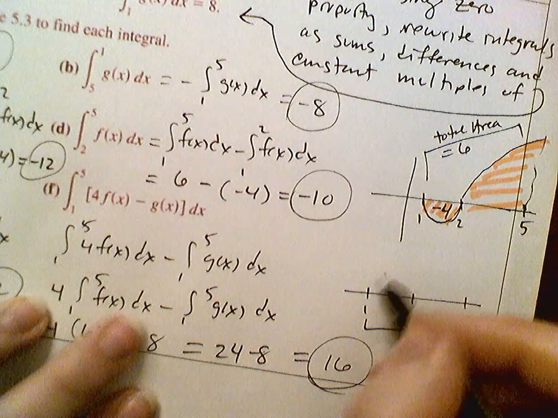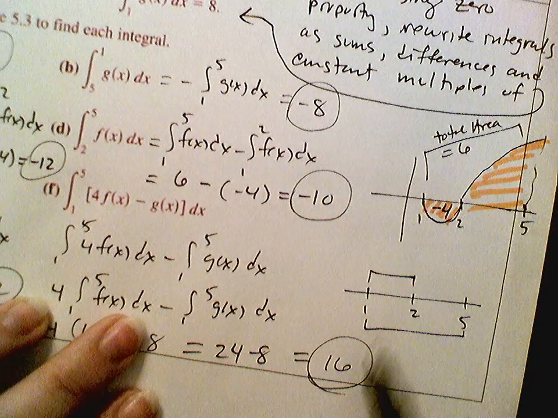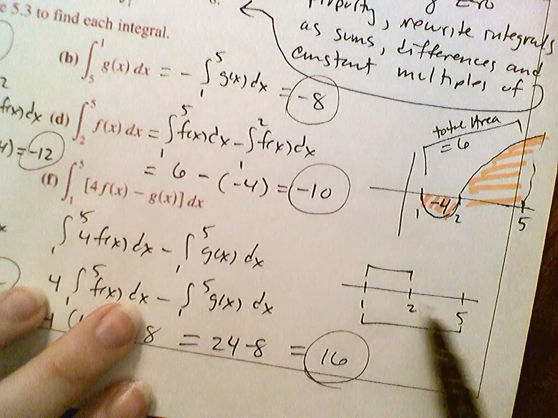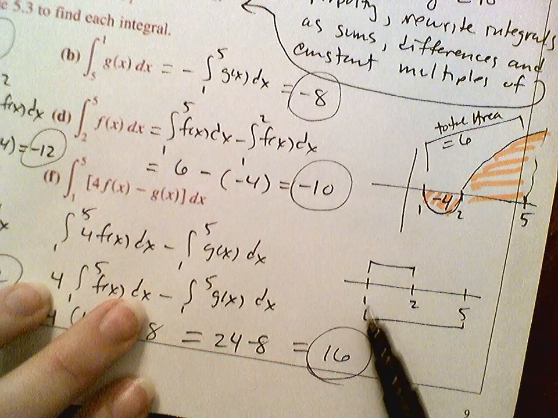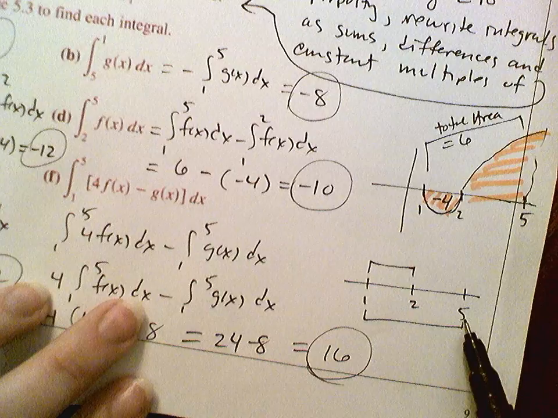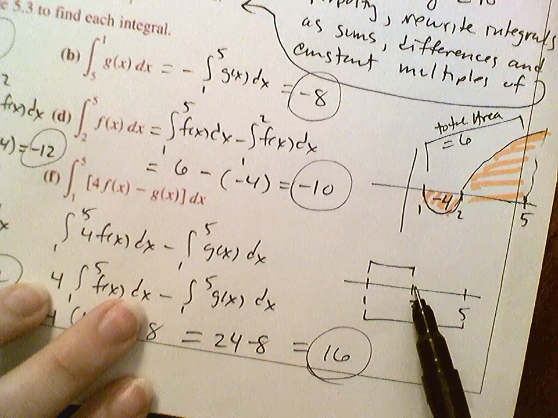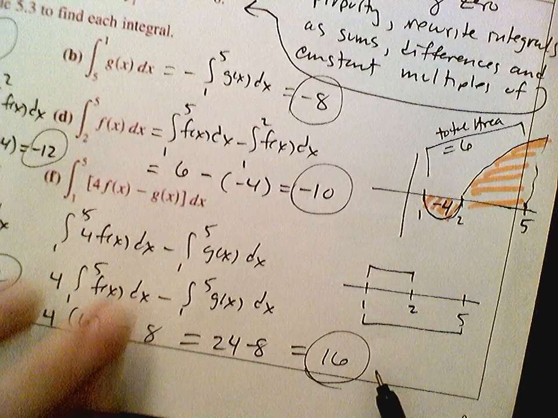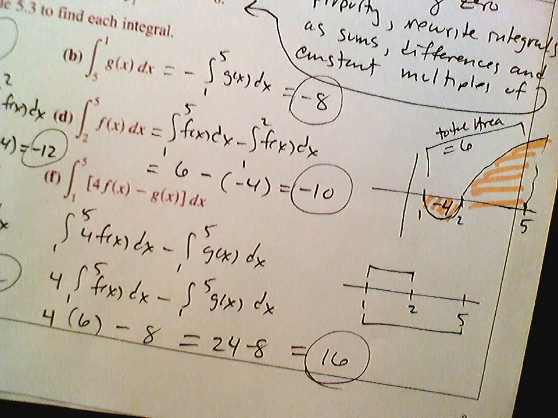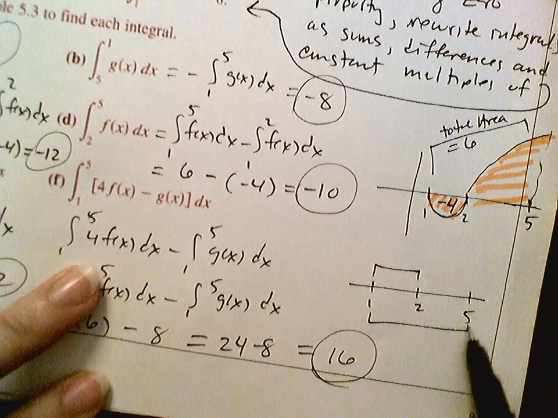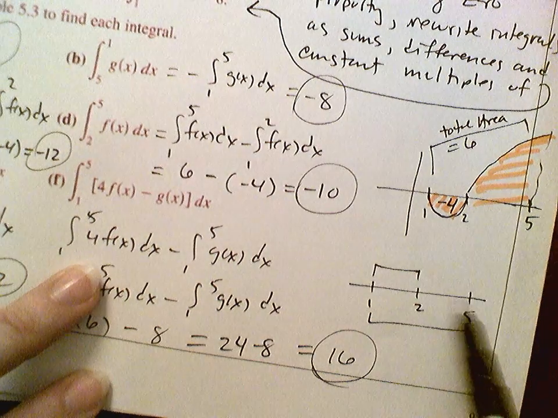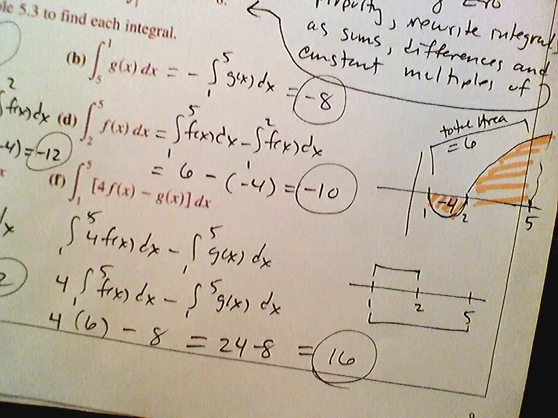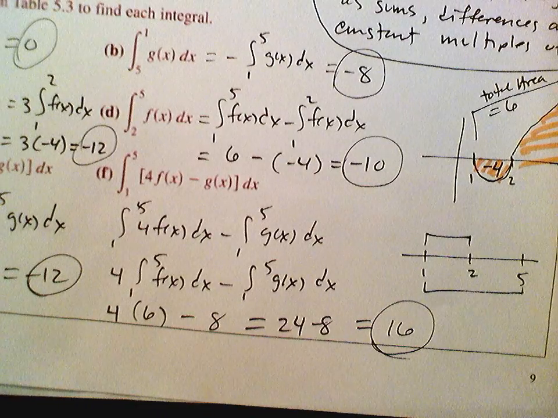I know the integrals on these intervals, and I want the integral on this interval. Well, what do you do with this big interval and this little interval to get that one? You would just subtract them. This is something from geometry: whole minus part equals part. So this whole interval minus this part of it would give you that remaining part. So that's how I thought that through. That's actually not one of the properties.